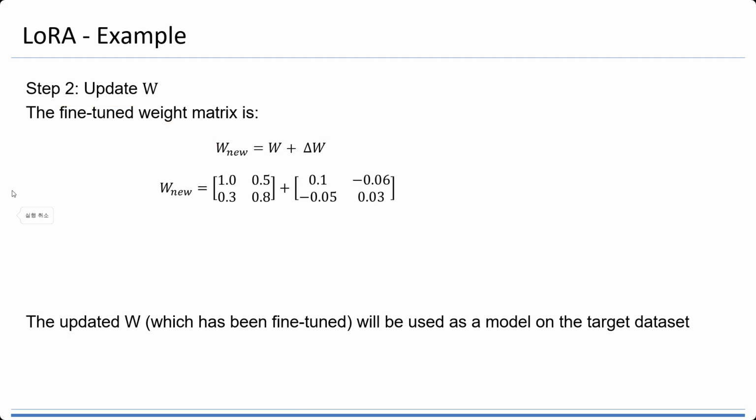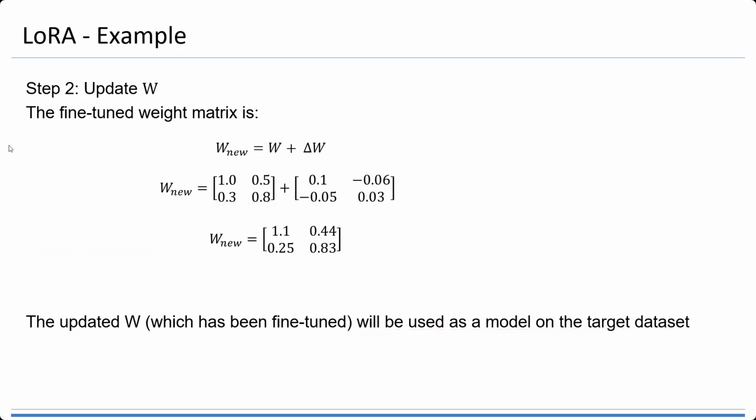So the new weight will be from this original weight plus the delta W, and this is the new weight. It means this is the weight that has been fine-tuned, and we can use this as the model on the target dataset.